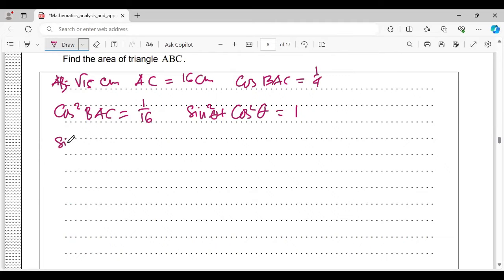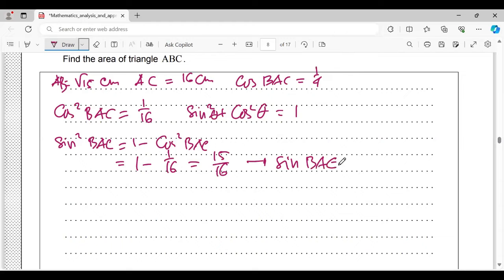So sine squared BAC equals 1 minus cosine squared BAC. So it becomes 1 minus 1 over 16, or 15 over 16. So sine BAC equals square root of 15 over 16, or square root 15 over 4.